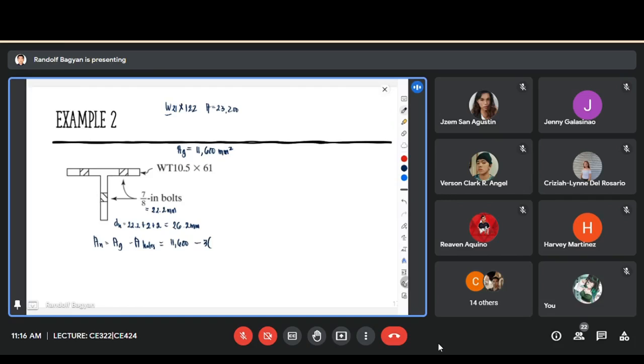Pagkakaiba ang mga flange thickness at saka web thickness ng mga T-section natin, ha?